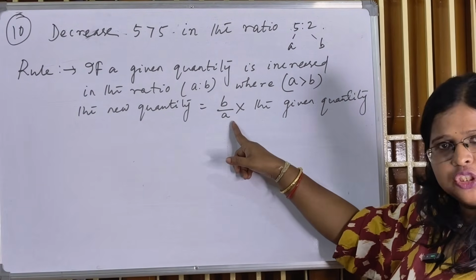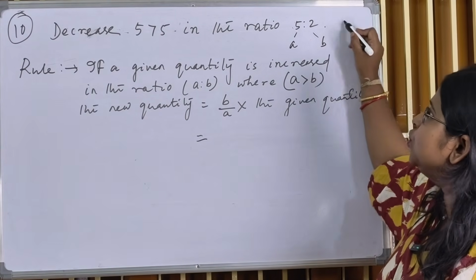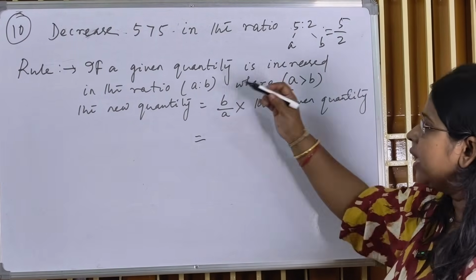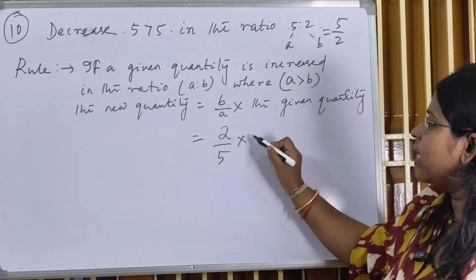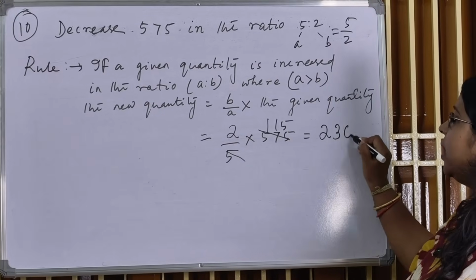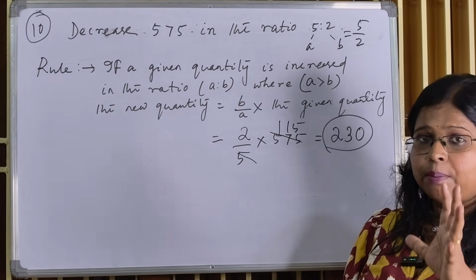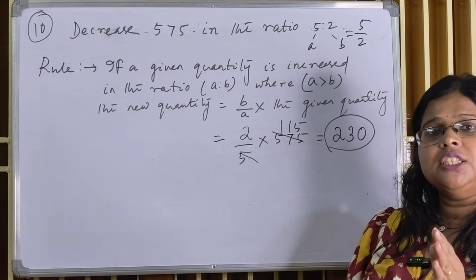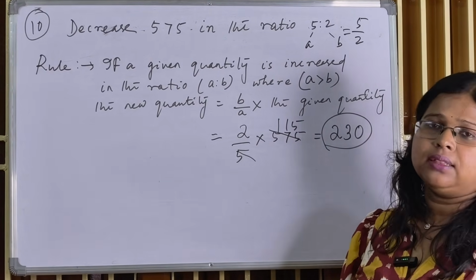We reverse the ratio and multiply by the given quantity. That means here 5:2 is given, that means 5/2, it would be reversed, that means 2/5 into the given quantity 575. The answer is 230. So you just have to remember, if the quantity is increased, then B must be greater than A. If it is decreased, A must be greater than B.